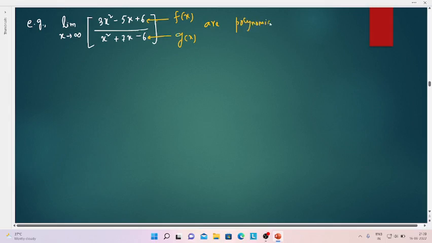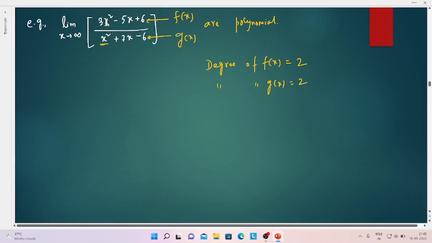Can you tell me the highest degree of fx? The degree of fx is 2, because the highest power of x is 2. Similarly, the degree of gx is 2. So the method says we have to divide the numerator and the denominator by the highest degree of the variable.